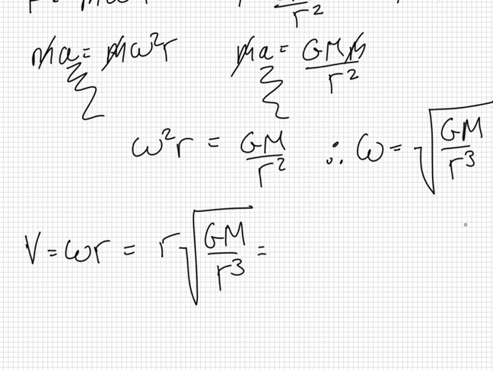What's wrong with your calculator, Joshua? 24 times 10 to the 3? Yes. So this comes out as 24 times 10 to the 3 meters per second.